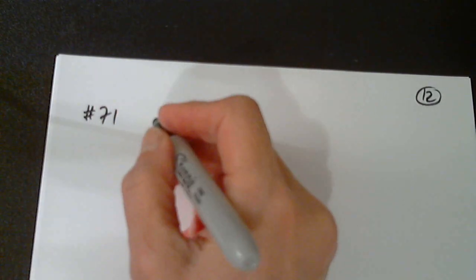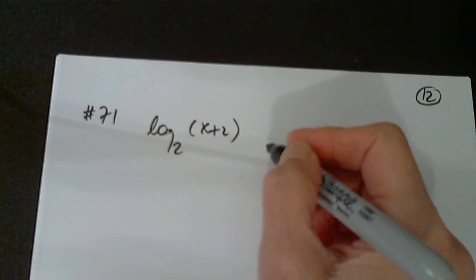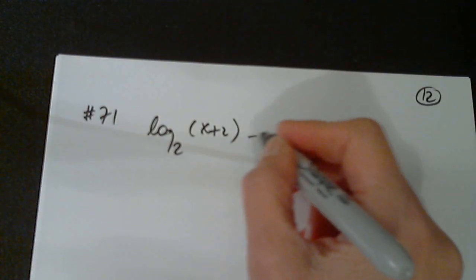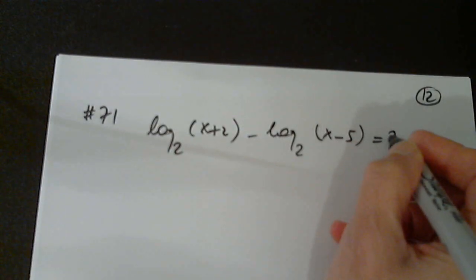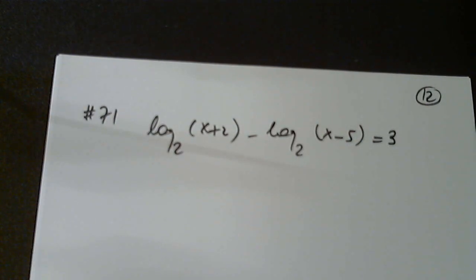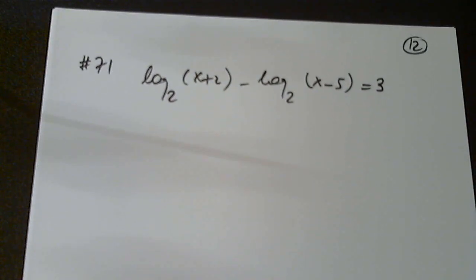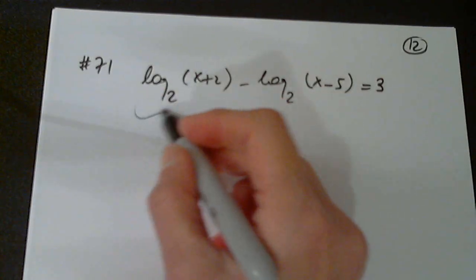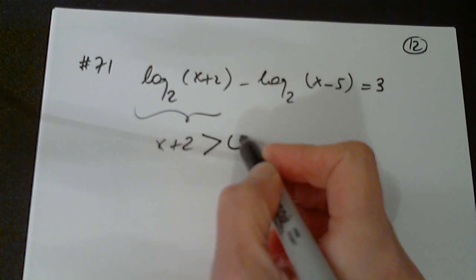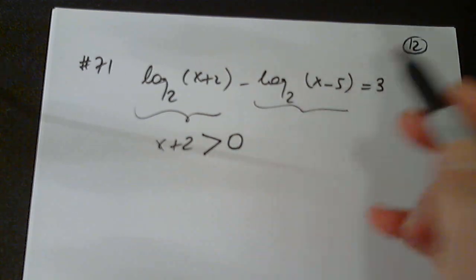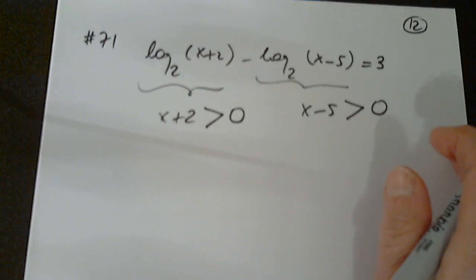In 71, we have log base 2 of (x + 2) minus log base 2 of (x - 5) equals 3. Because I prefer stating the domain, I will state a domain here. x + 2 has to be strictly greater than 0, and x - 5 strictly greater than 0.